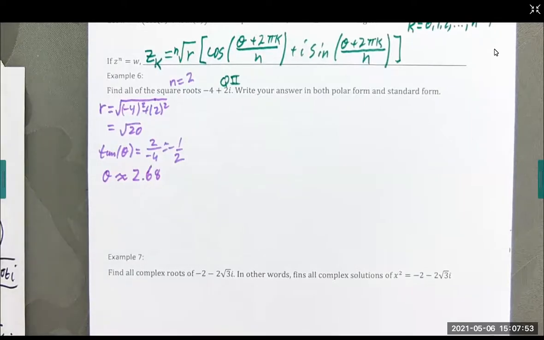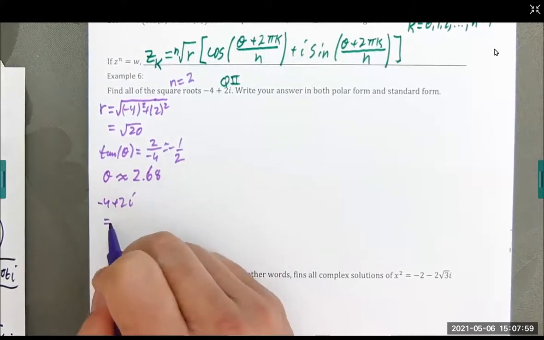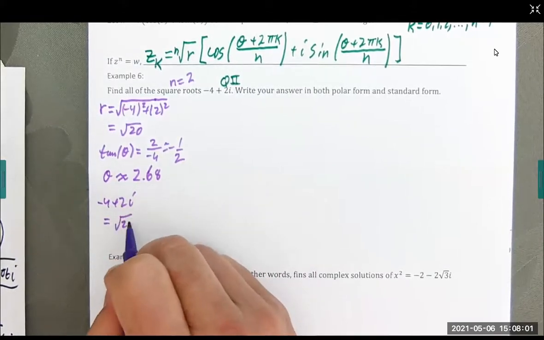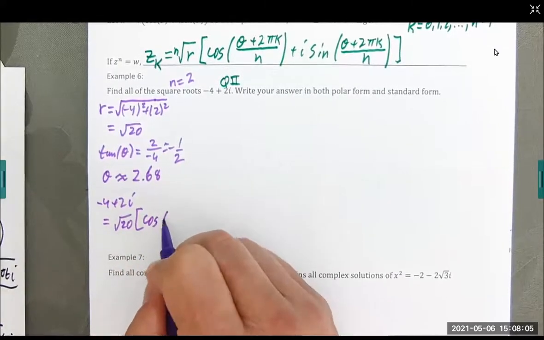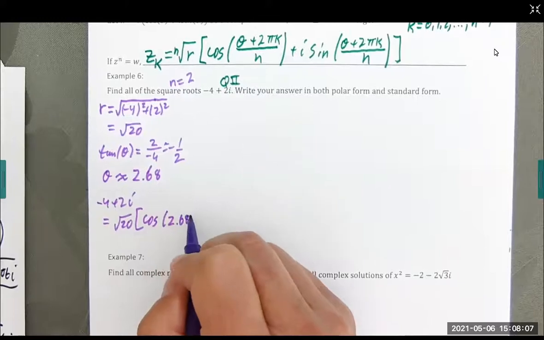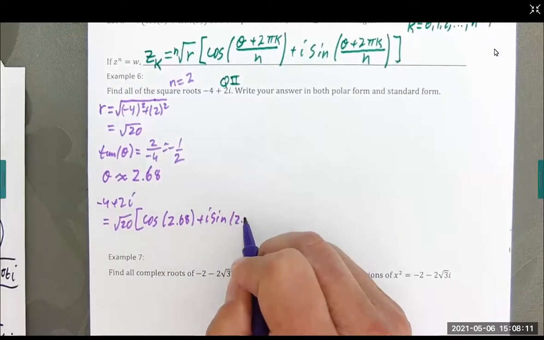So we now have that our number, -4 plus 2i, is equal to root 20 times cosine 2.68 plus I sine 2.68.